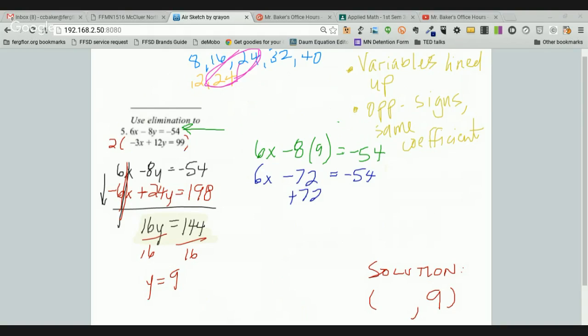Add 72 to both sides. 6x equals 18. Divide by 6. And your x would be 3. The solution is the point 3, 9. For number 5 there.